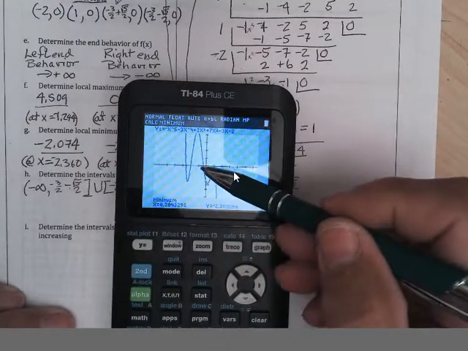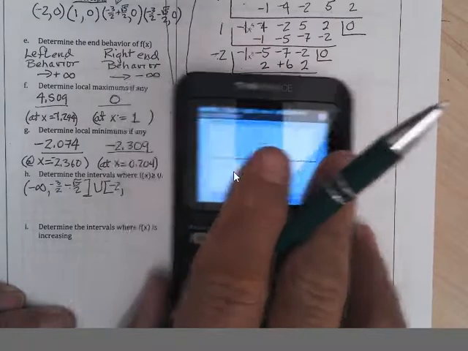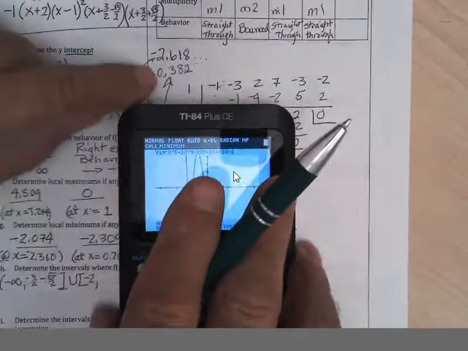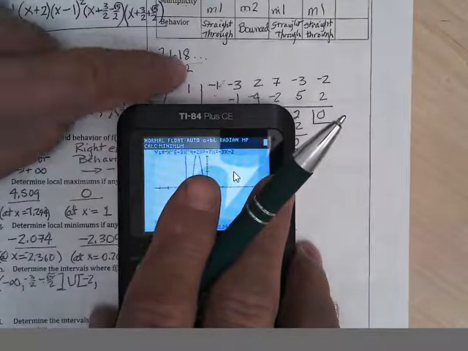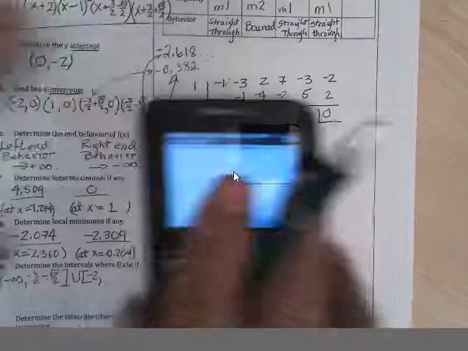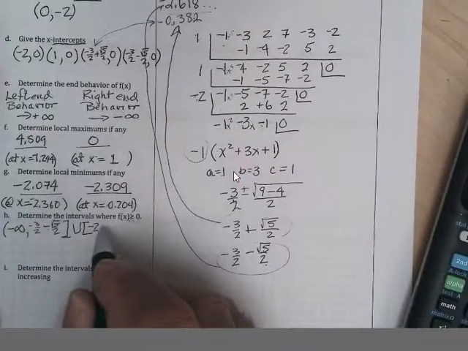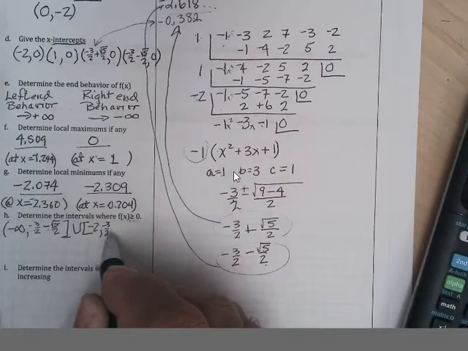Positive value. And it quits when it crosses at that not so nice number, which was negative 3.382, or this root, negative 3 halves plus the square root of 5 over 2.